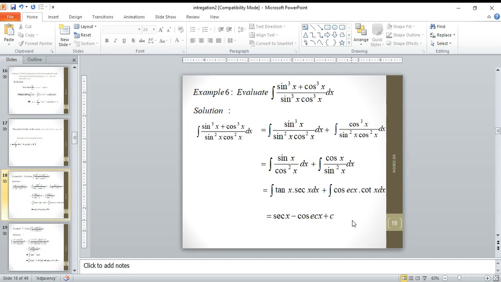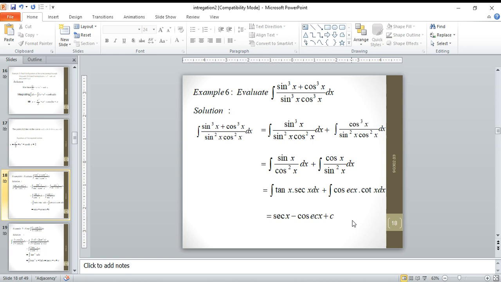Next, example 6. Evaluate integration of sin cube x plus cos cube x by sin square x cos square x dx. I hope this has a print mistake.